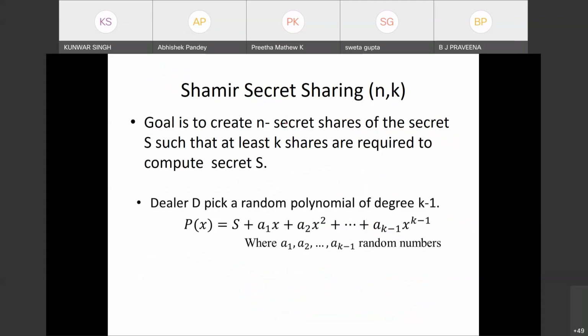This is the (n, k) scheme. The number of shares is n, and only k shares are enough to compute the secret. So now I have one secret seed, and from this secret seed, I'll create n shares.